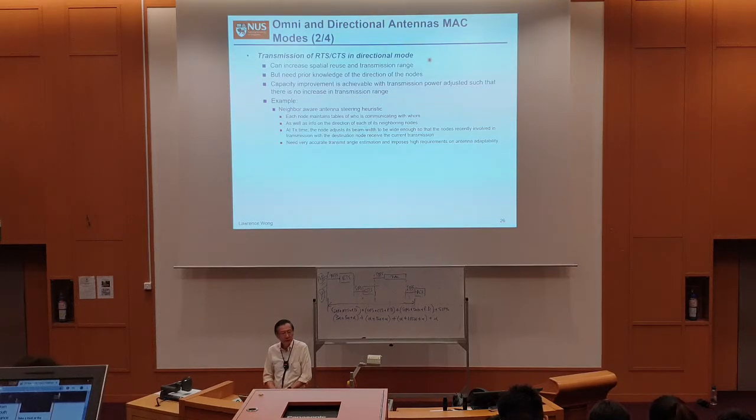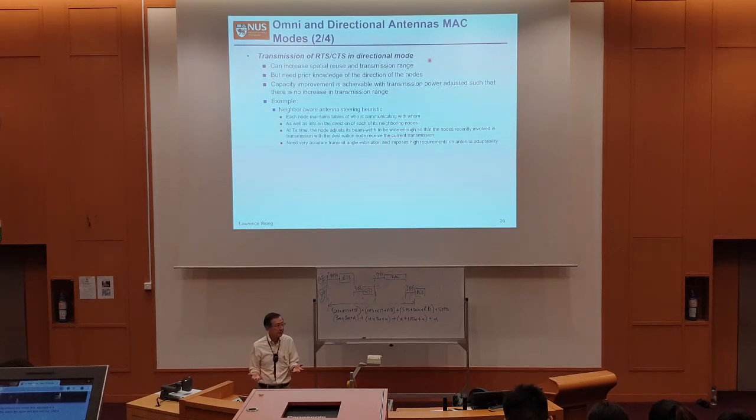But you need prior knowledge of the direction of the nodes. So there must be some overheads here to tell the nodes in which direction to steer their beam. If you want to go to node C, you must go in this direction. If you want to go to node D, you must go in this direction. All this information exchange has to take place. Otherwise, you don't know where to steer your beam.